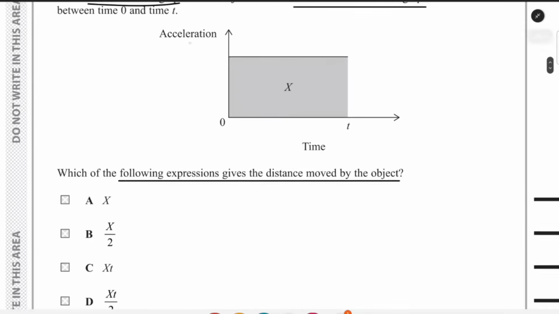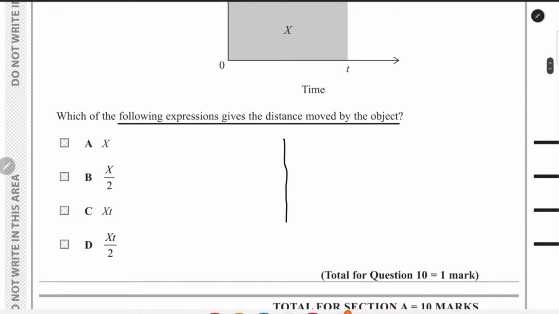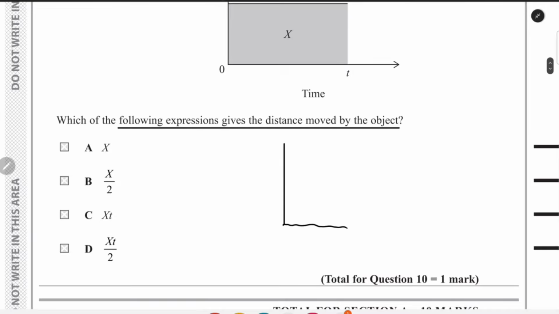So if this is the acceleration time graph, the velocity time graph will look something like this. We know that the area under the graph for a-t will be the velocity. So since the acceleration is constant, velocity will have a constant gradient, and this value over here will be x, and this will be t.